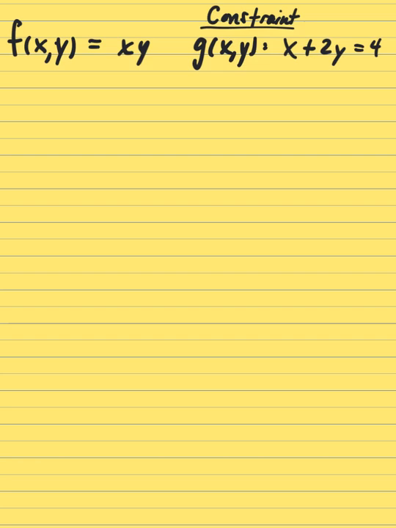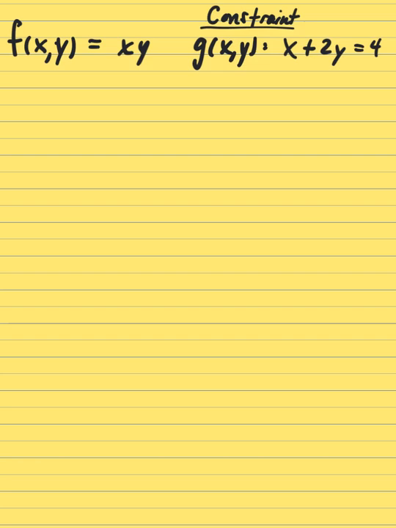You're going to be given a constraint where the x and y values must adhere to some sort of an equation. Another thing I'll point out, your constraint won't be given with a g of x y, but I always write a g of x y because it's a second function of multiple variables.